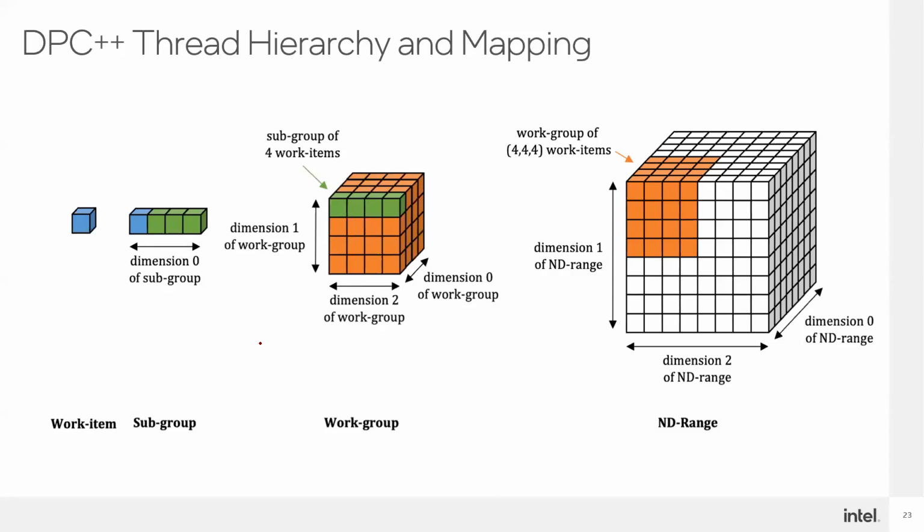That's why in SYCL, different terms are introduced. The first one is a work item. A work item represents a single thread within the thread hierarchy. Then these work items can also be grouped into subgroups. A subgroup represents a short range of consecutive threads, which can be processed together as a SIMD vector.